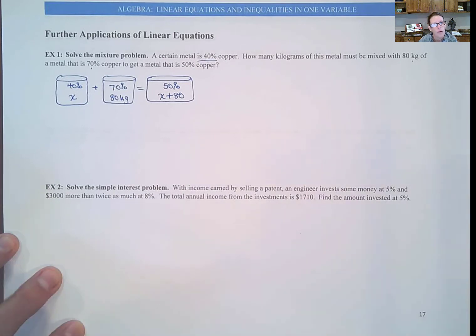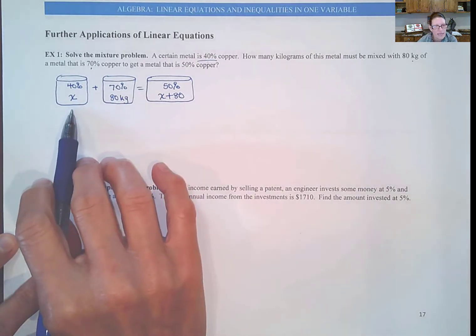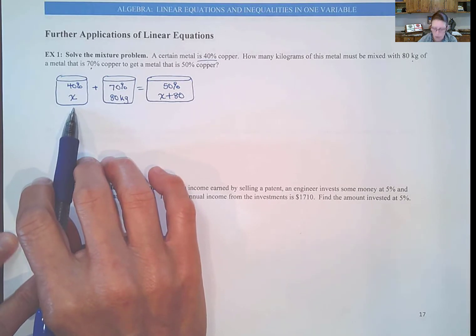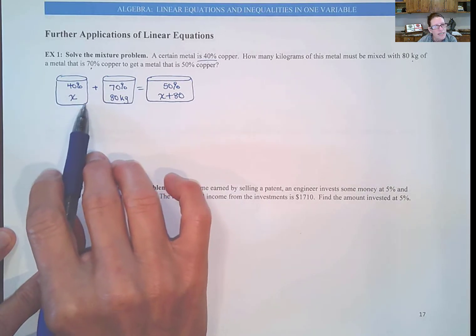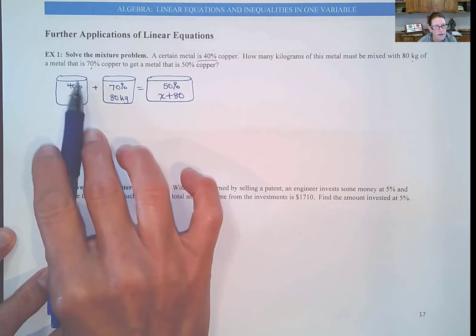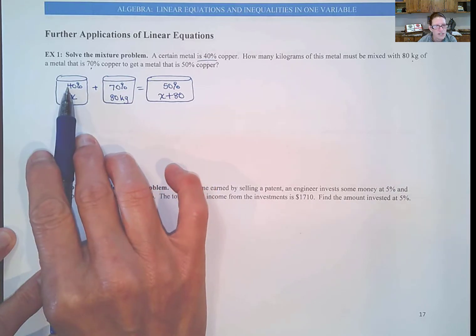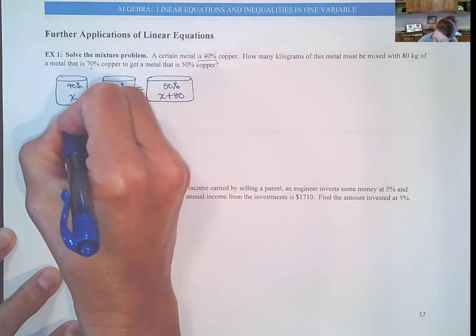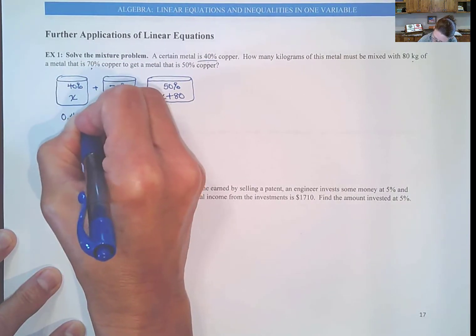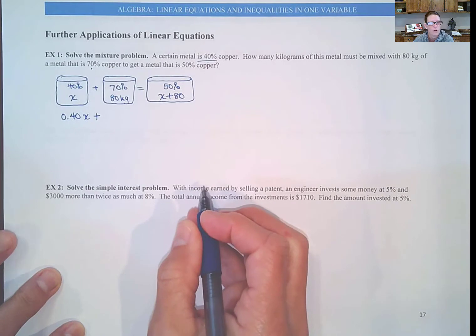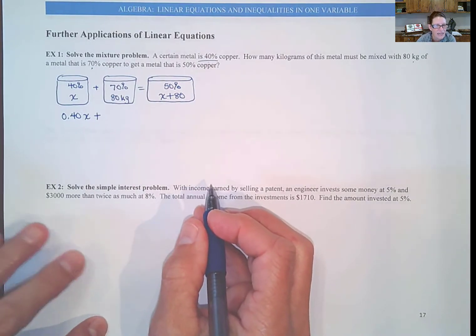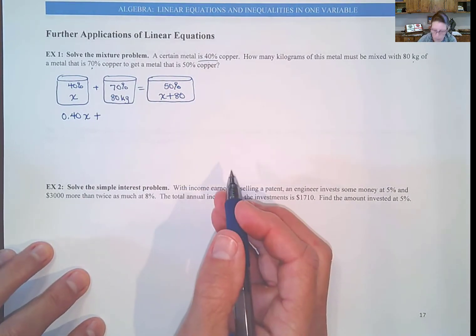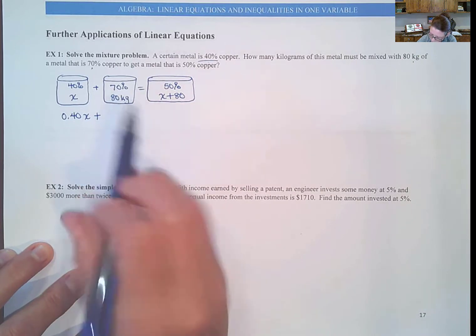Now we're going to multiply through these pictures to form an equation. It's all going to be based on the amount of copper. How much copper is in this 40% metal substance? Well, 40% of X, in other words, 0.40 times X. What is 70% of 80?